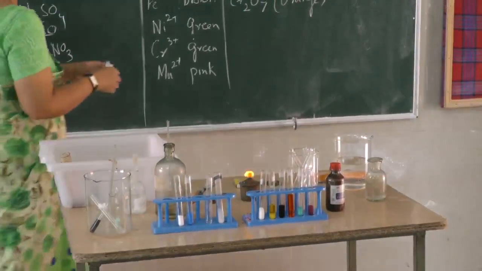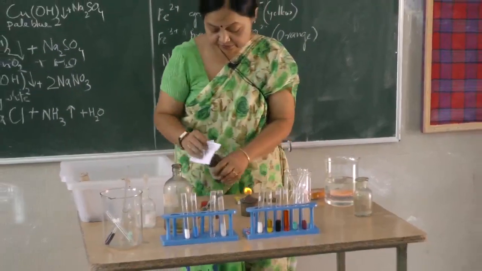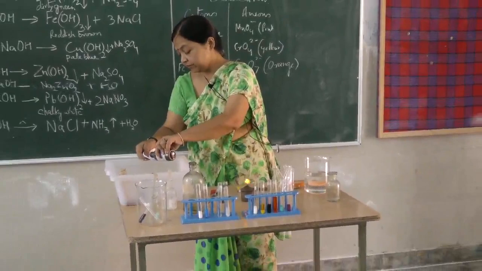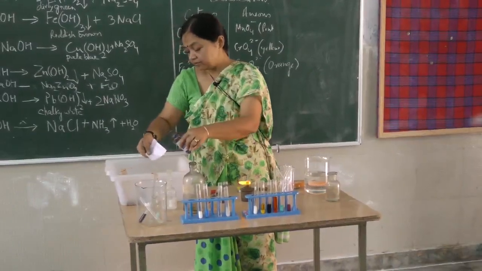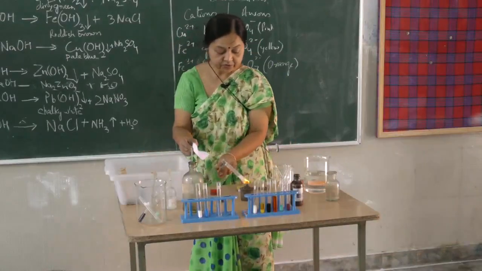So this is Nessler's reagent, and I wet this paper with it. Actually a filter paper should be there. Now this Nessler's reagent paper turns brown in color.